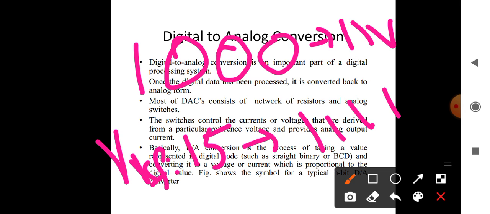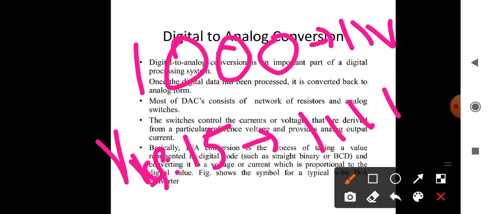So these voltages may be 0 volt for 0000, 1 volt for 0001, and 2 volt for 0010, and it may be 3 volt for 0011, like that.